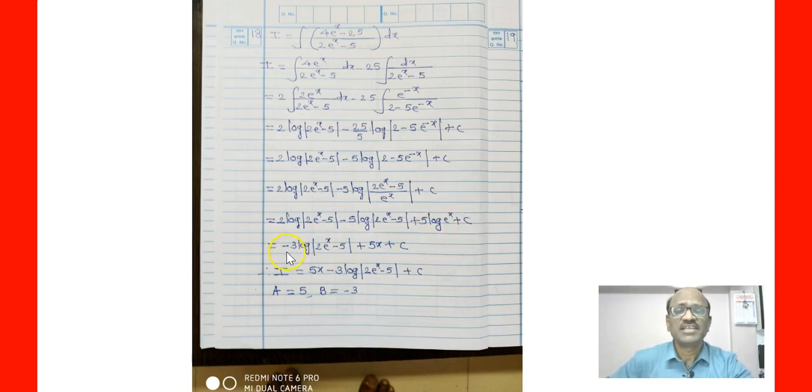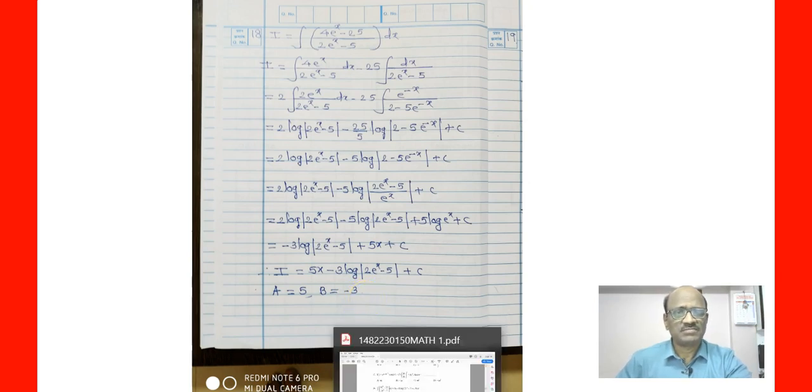After the simplification you are getting minus 3 log of (2e^x − 5) plus 5x plus c. Now this is a lengthy problem, you cannot directly guess what type of coefficients will be there, therefore solve these questions very fast and you will get the answer: a is equal to 5 and b is equal to minus 3.